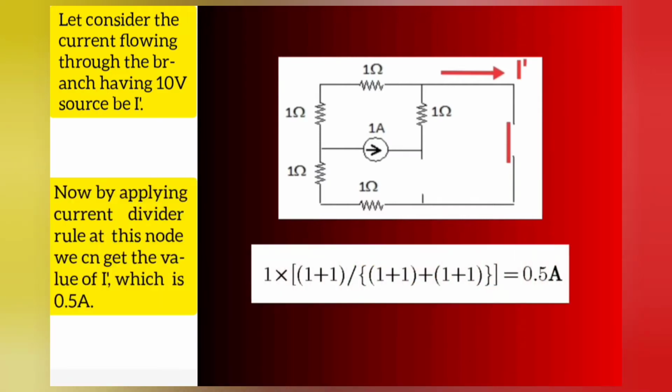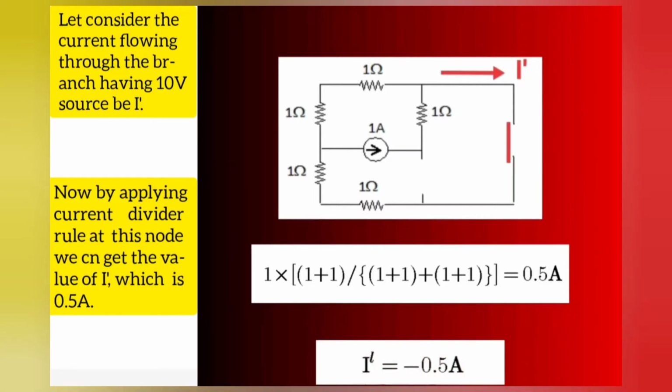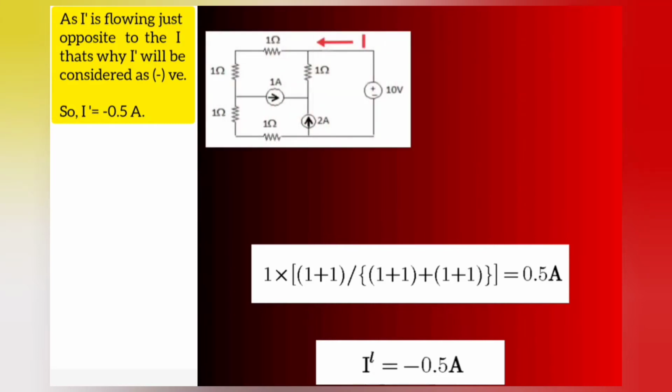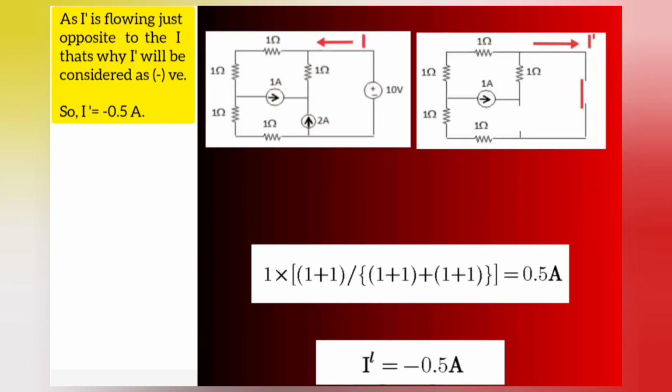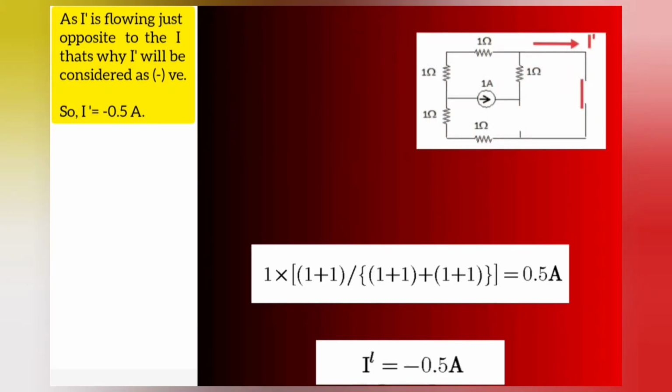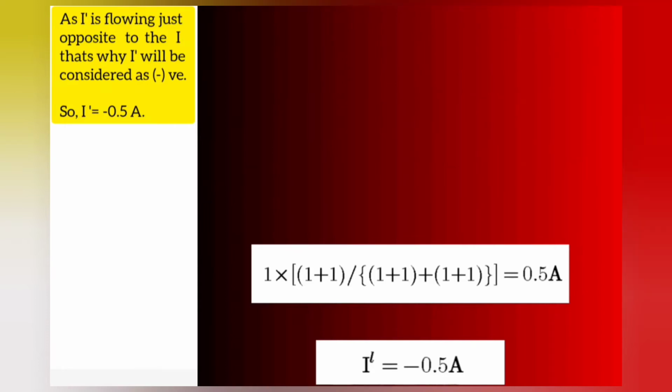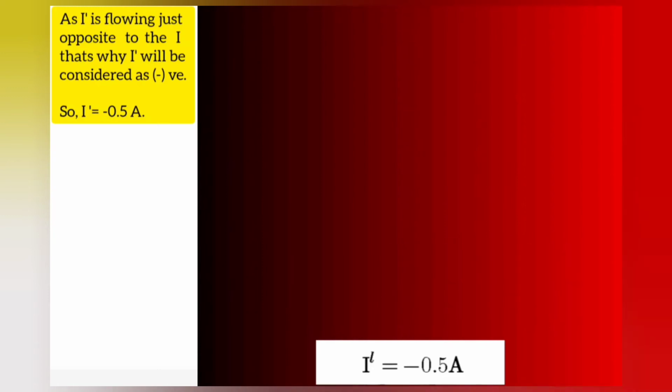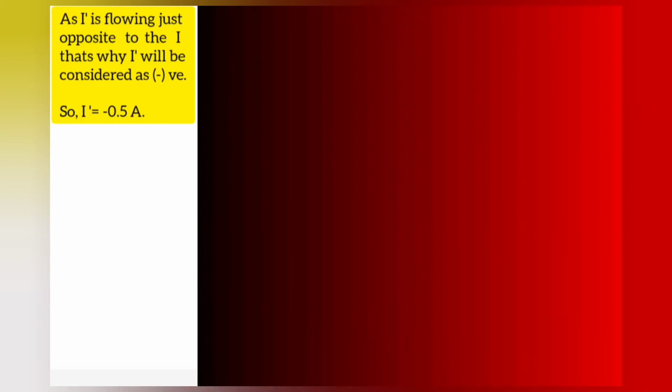By applying the current divider rule at this node, we get I' as 0.5 ampere. As I' flows opposite to I, it is considered negative. So I' equals minus 0.5 ampere.